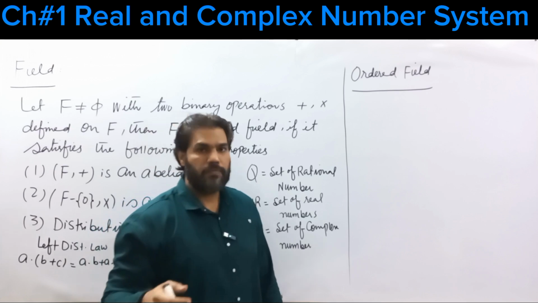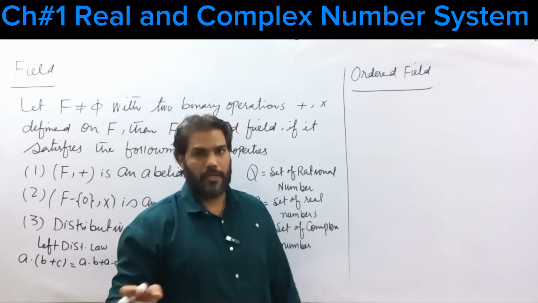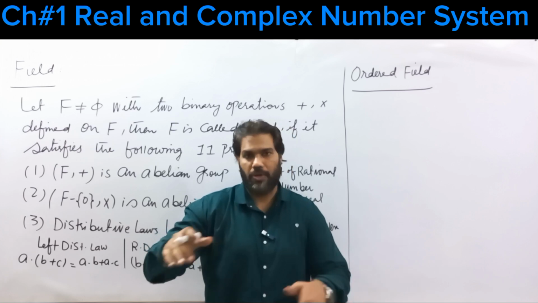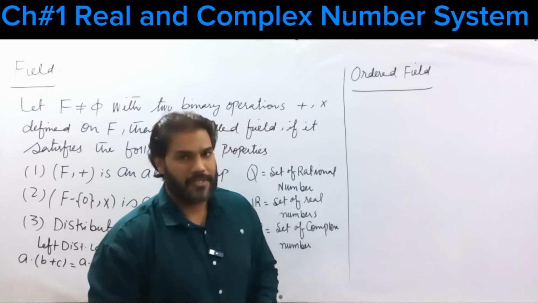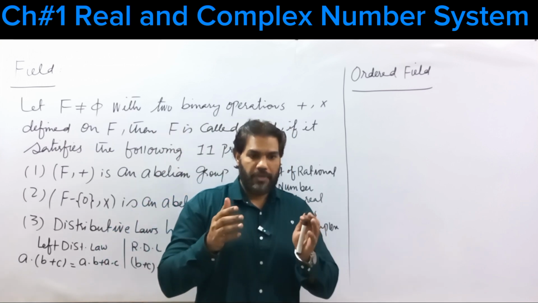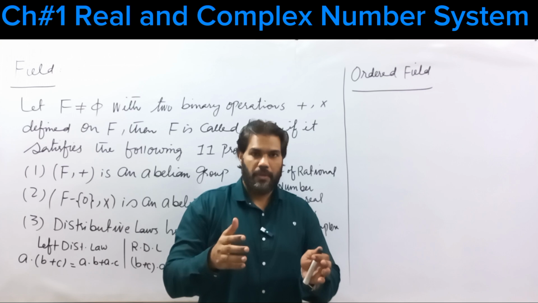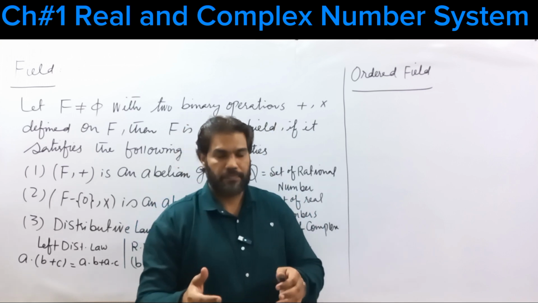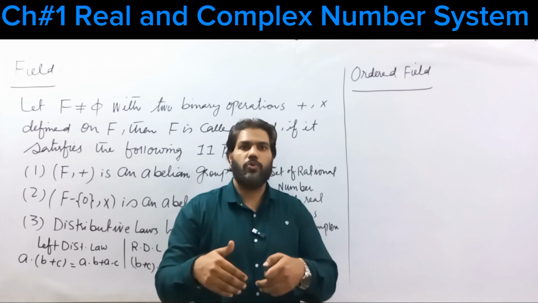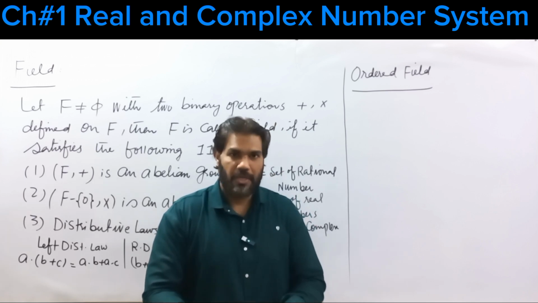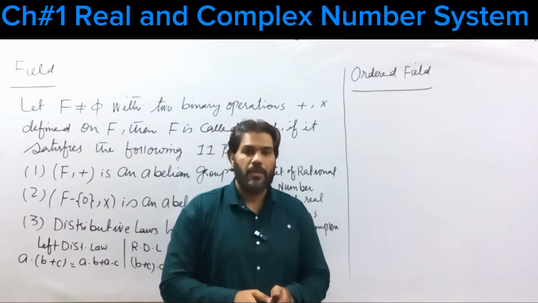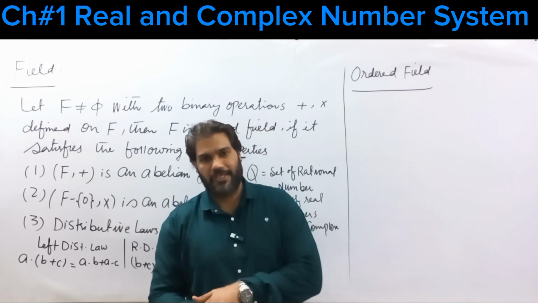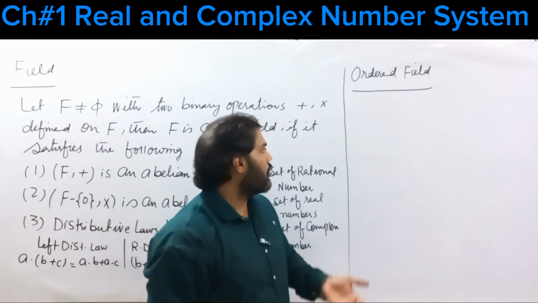So if you read the pages of mathematical analysis written by Walter Rudin, Walter Rudin says that a field F that is also an ordered set, that is, a field F that also fulfills the condition of an ordered set, is called an ordered field.